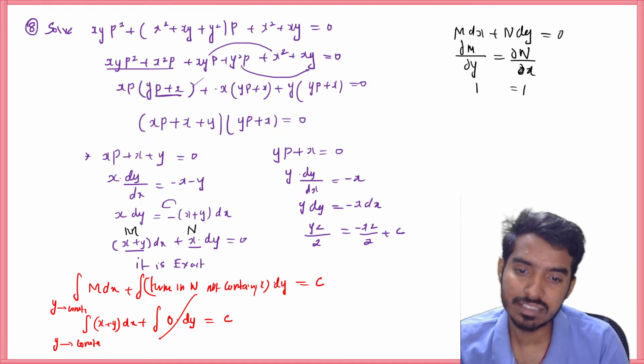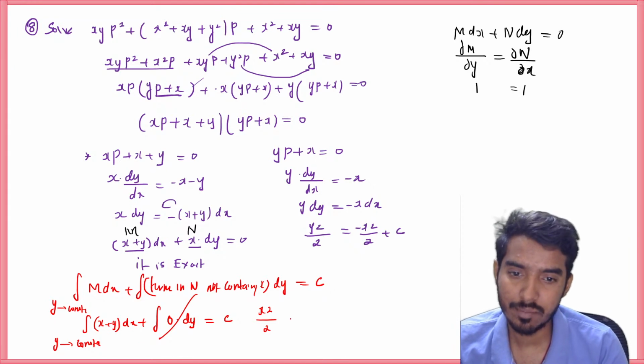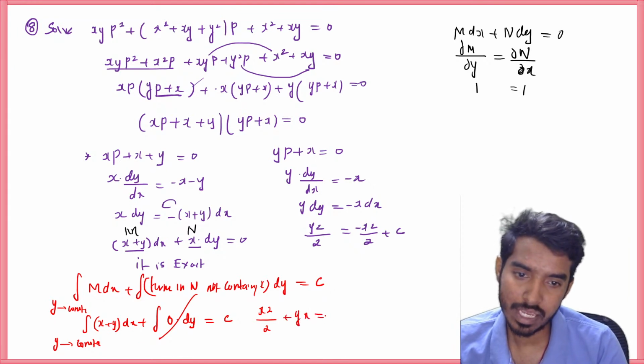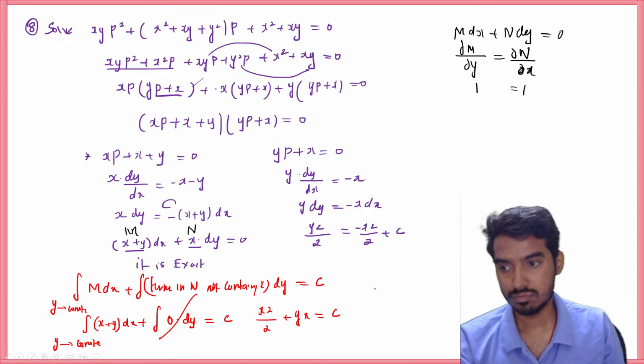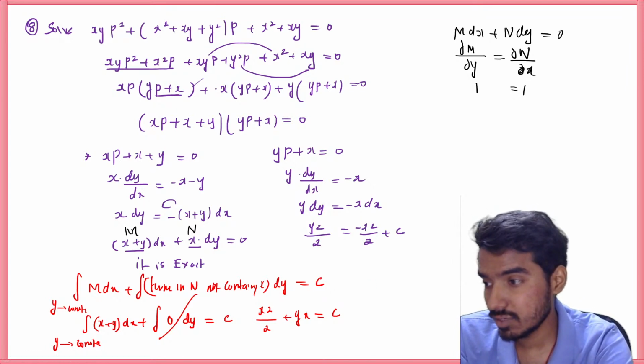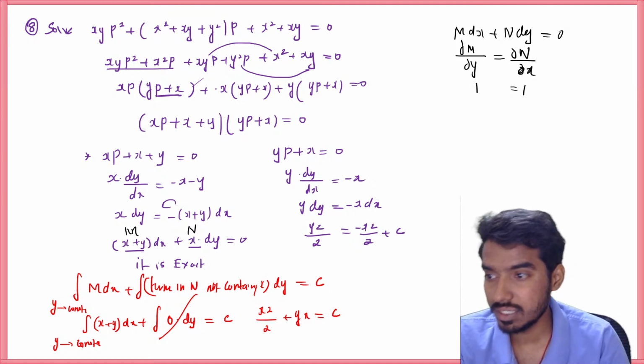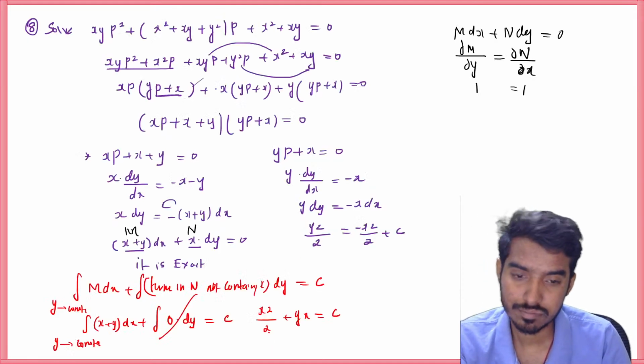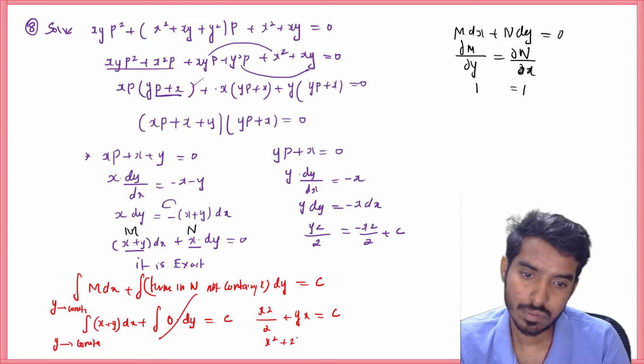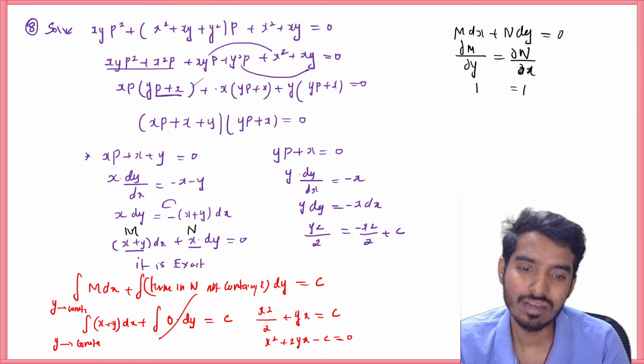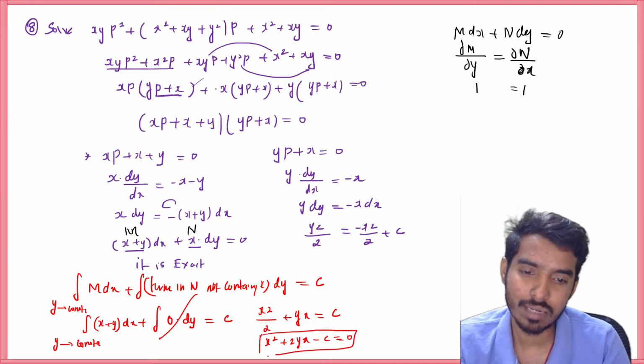So integration of x dx is x square by 2. Here you will take y as constant, right? So plus yx equal to c, right? This is the solution of this equation, or x square plus 2yx is equal to 2c, not at all a problem, right?